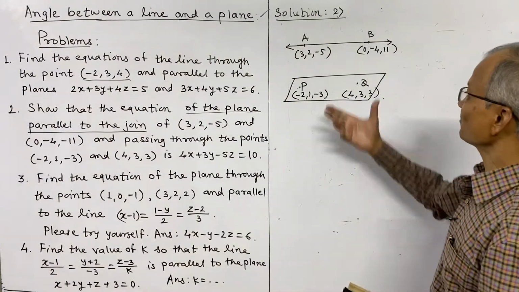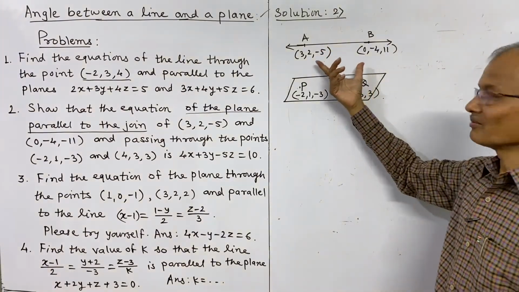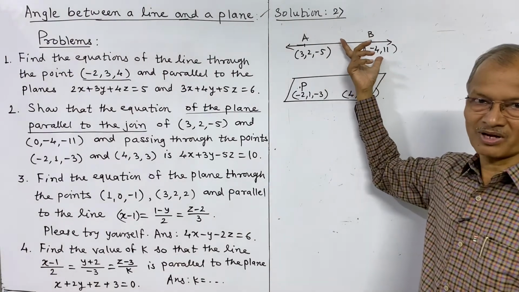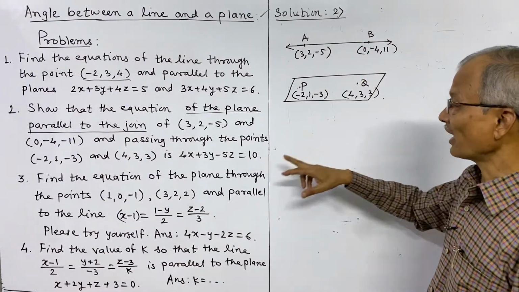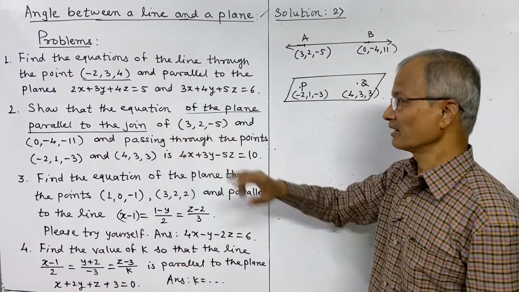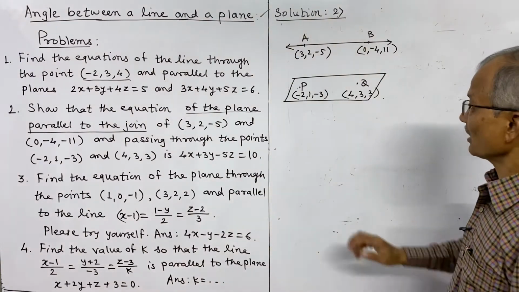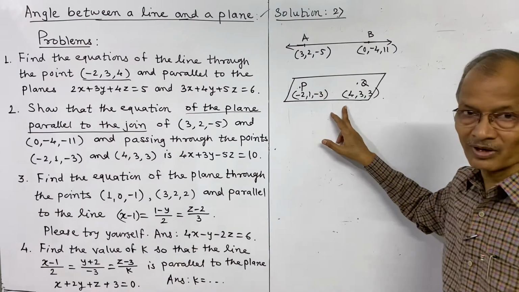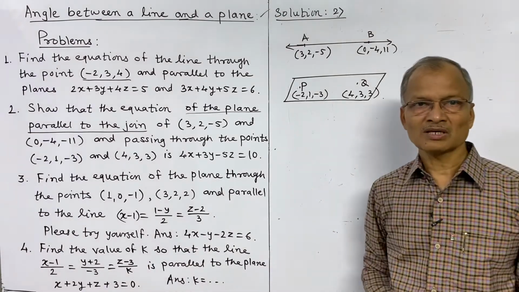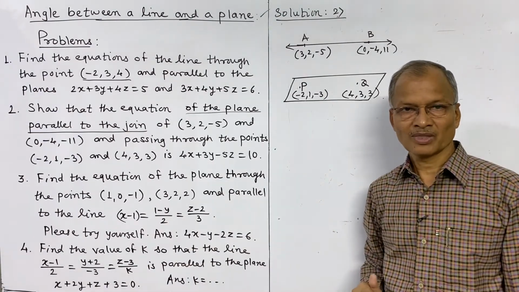It would be easy to find the equation of the line because we can use the 2-point formula, but it is asked to find the equation of the plane. Now how to obtain the equation of the plane? 2 points on the plane are given, but 3 conditions are required to obtain the equation of a plane.